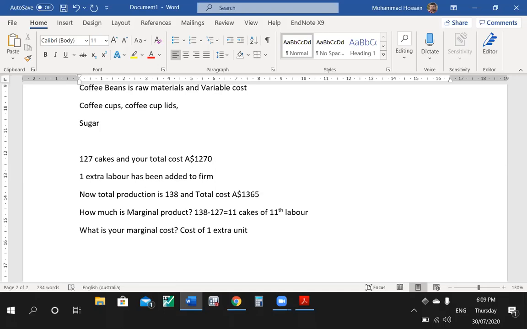So now, how do we know one extra unit here? We know in total 11 cakes have been produced, and for the new expenses, he spent $90. We have to do an average here.